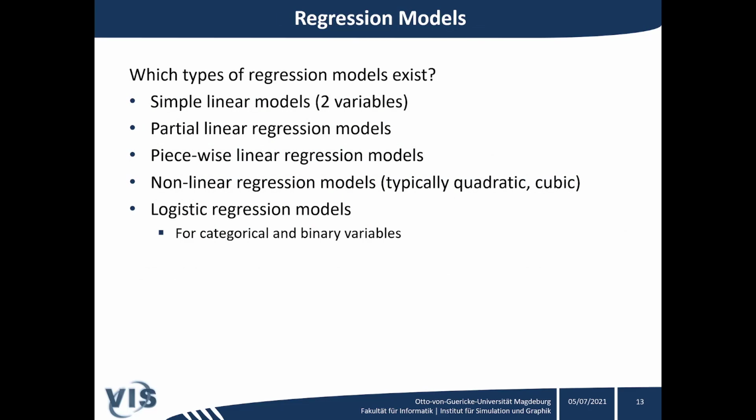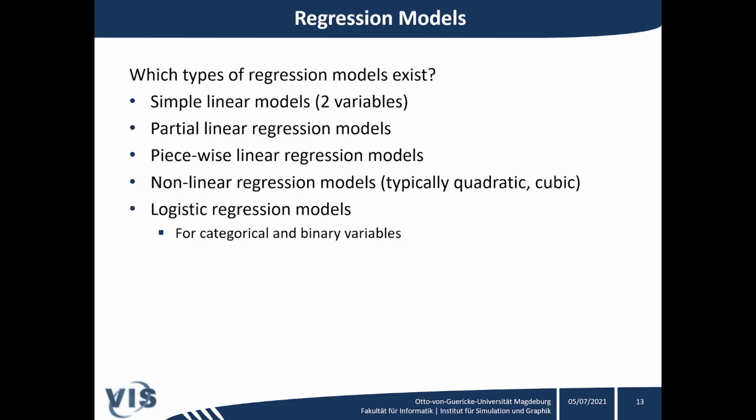There are different regression models that we will discuss in this lecture. So we will start with a simple linear model comprising 2 variables that influence the target variable. Then I will explain partial linear regression models, which is a form of semi-parametric model, since it contains parametric and non-parametric elements. I will then continue with piecewise linear regression models, which is a form of regression that allows multiple linear methods to be fitted to the data for different ranges of the target variable.